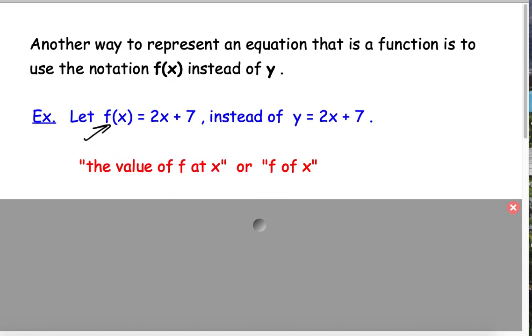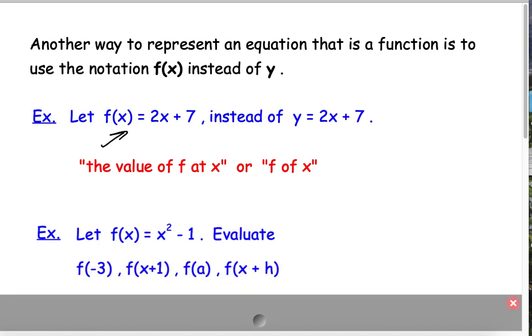It's the value of our function at a particular x value. And the rule here is telling me that x gets multiplied by 2 and then we add 7. So when I think of a function here, the function says take whatever input you give it, that's the domain, it will multiply it by 2 and add 7, and that will be your output or your range.